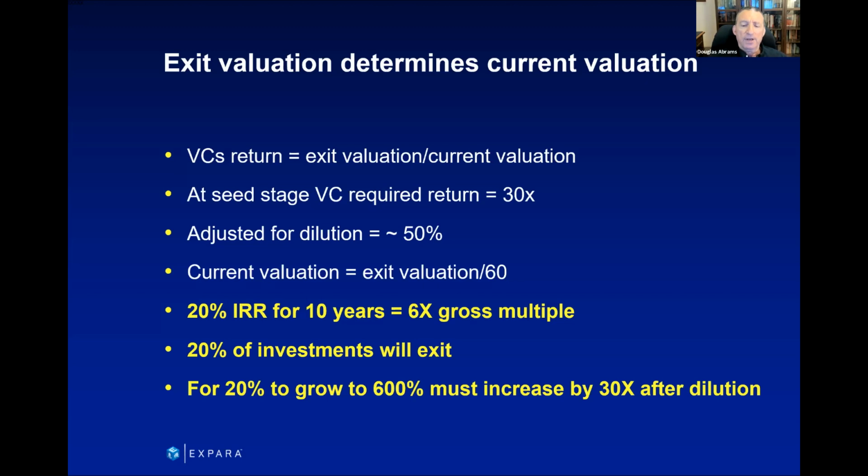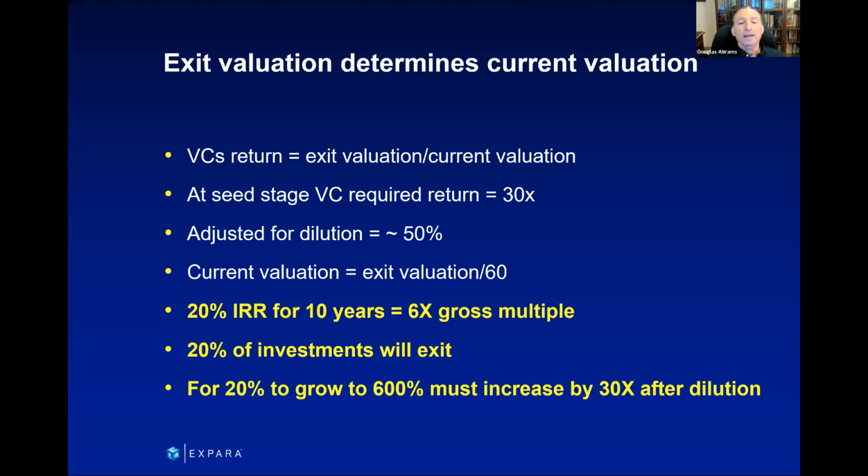So it's highly likely that VCs who invest in the seed stage will see their equity diluted by, I estimate, around 50% by exit, which means that, therefore, to apply the VC method valuation, we need to divide the exit valuation by 60 instead of by 30.